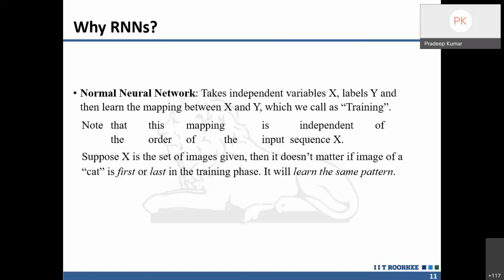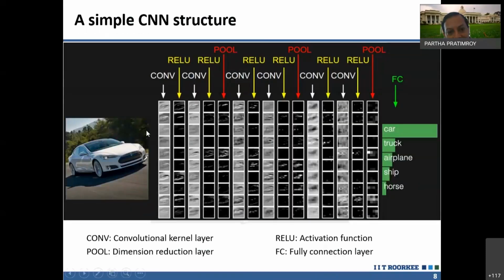Yes, sir. See, in CNN, the convolution is done by some filters, right? It could be a 3x3 filter, 5x5 filter, 7x7 filter, whatever. These filters are not designed by you. Let's consider a 3x3 example.